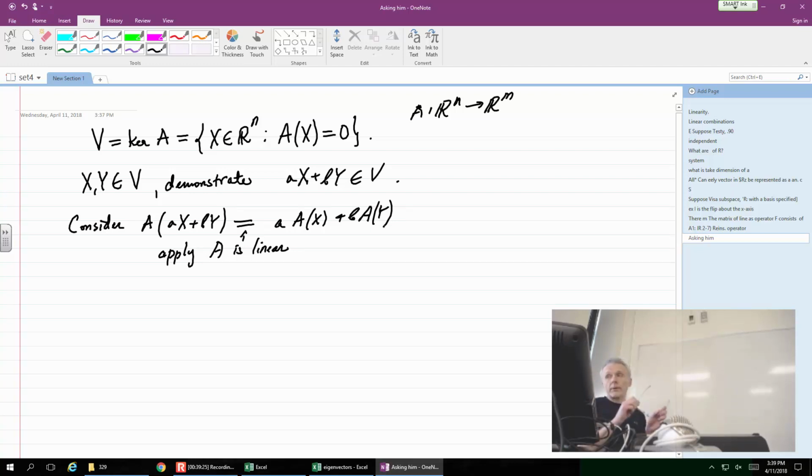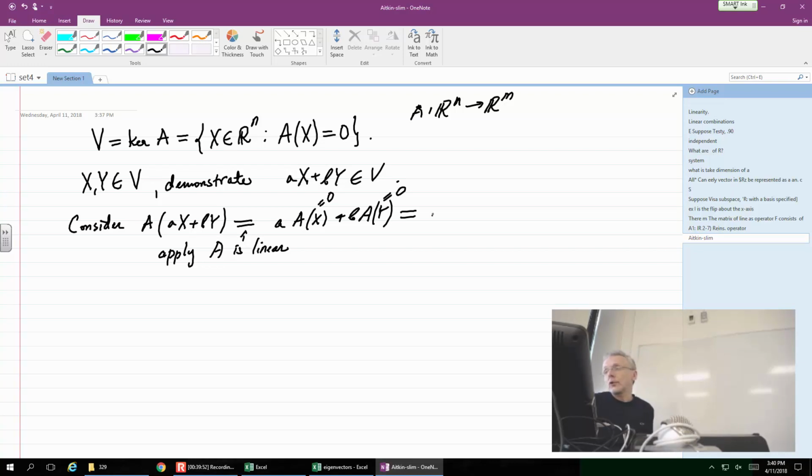It preserves linear combinations once again, and then what happens? x belongs to the kernel, and y belongs to the kernel. So A of x is what? Zero. A of y is 0 as well, because they belong to the kernel.